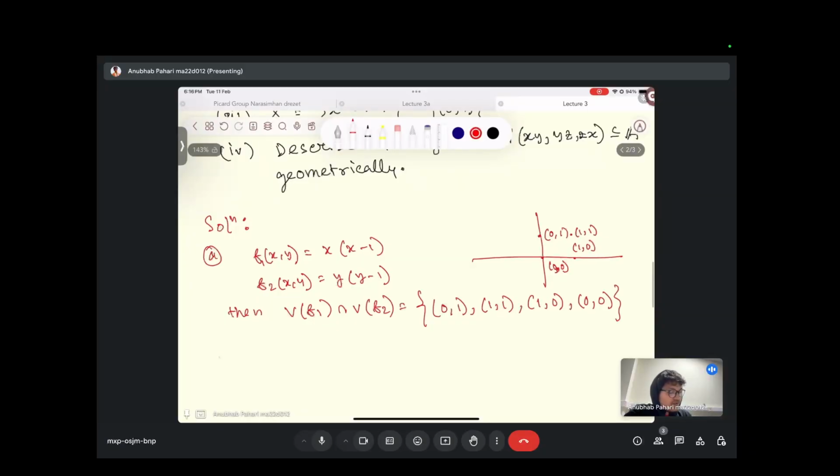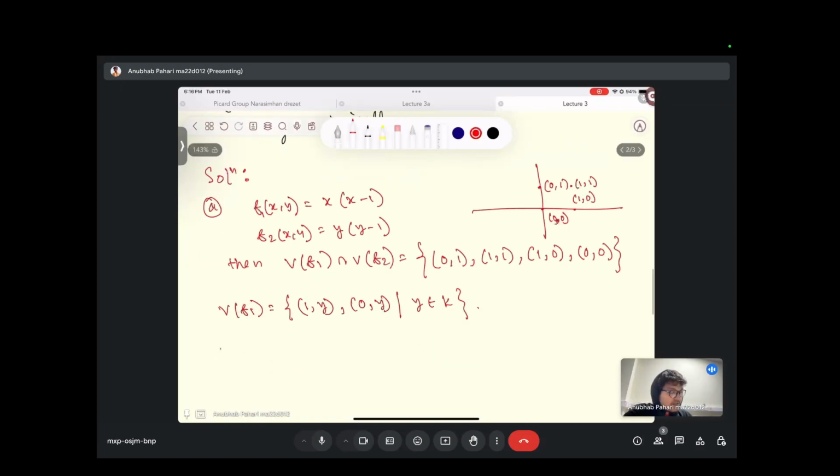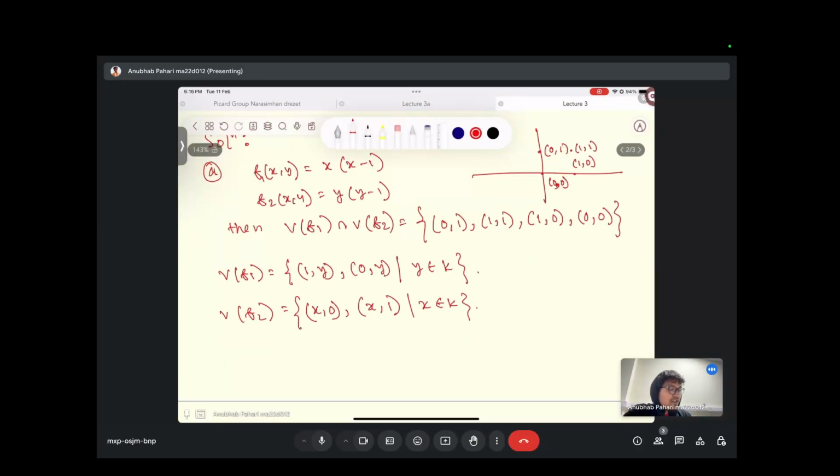How? Because V(f1) is (1, y) and (0, y), where y is arbitrary. And for V(f2) the solutions are (x, 0) and (x, 1), where x is arbitrary. So when you intersect them you will get your answer.